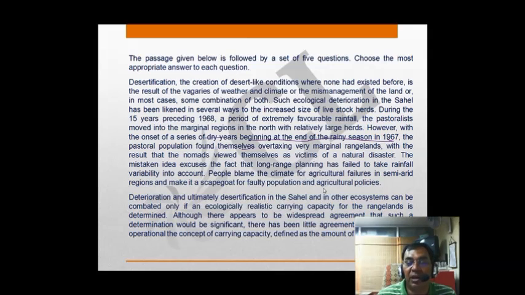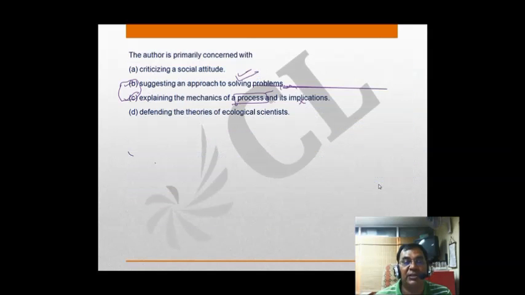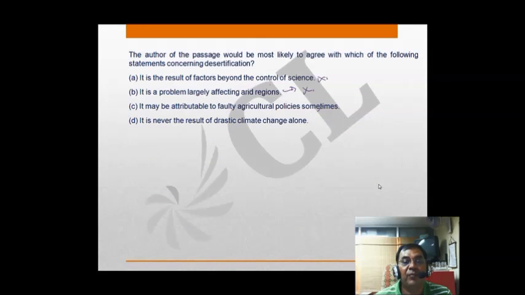Yes, here it is written: faulty population, agricultural policies. So therefore, it may be attributed to faulty agricultural policies. But I do check. Going back, I check.